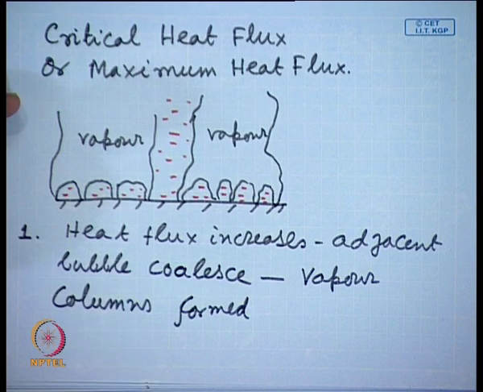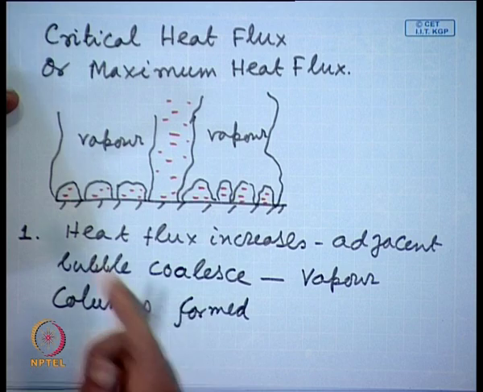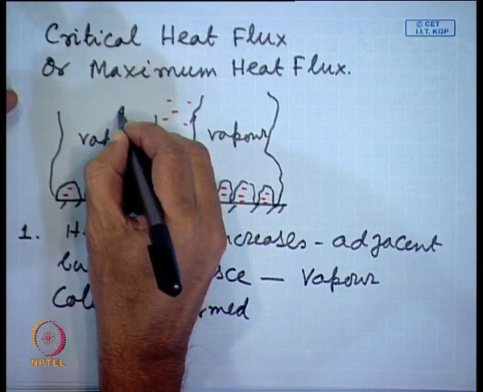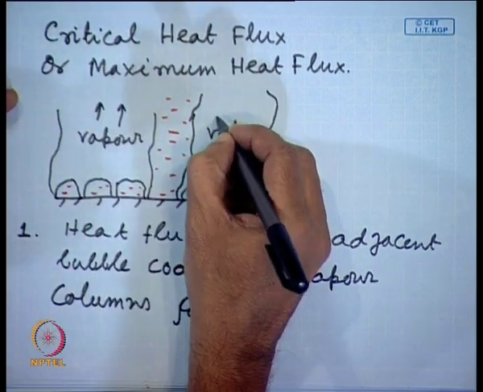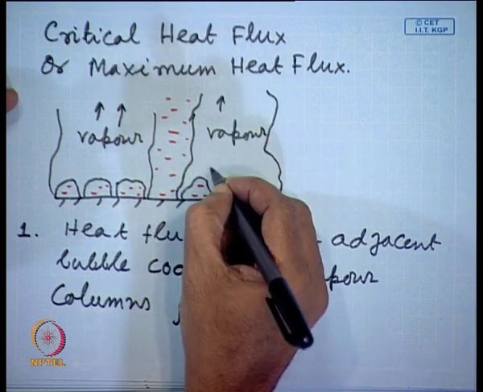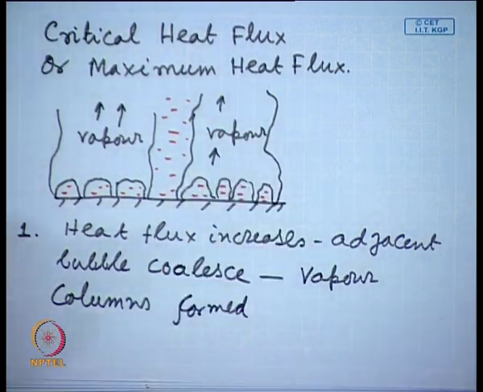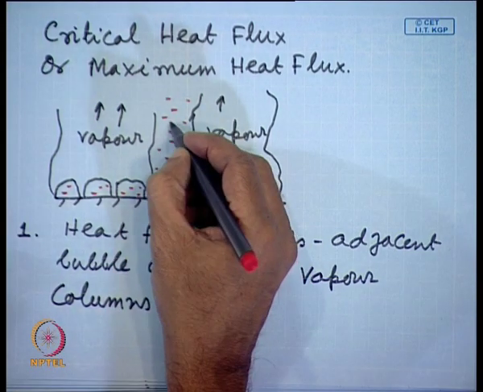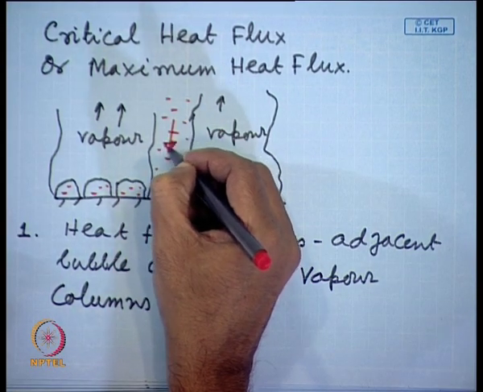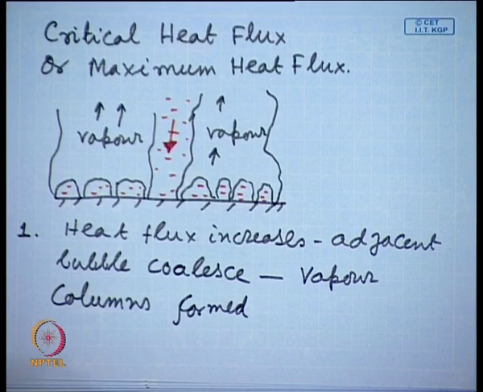Vapor columns are formed. Okay. So, in the vapor column, the vapor is moving in the upward direction as it is a lighter fluid. Then the liquid has to come in the downward direction. The liquid will be coming in between two vapor columns, so the liquid has to come in the downward direction.